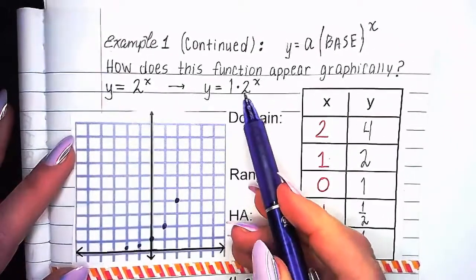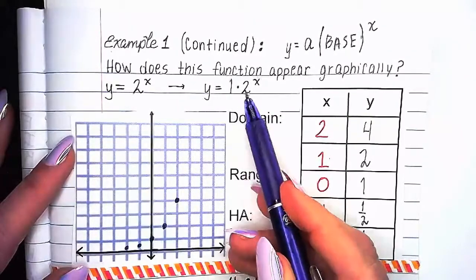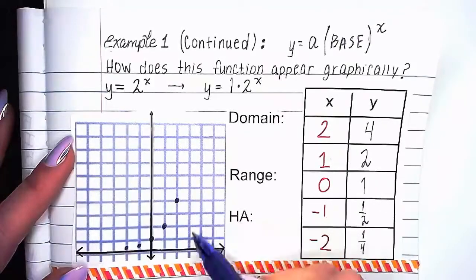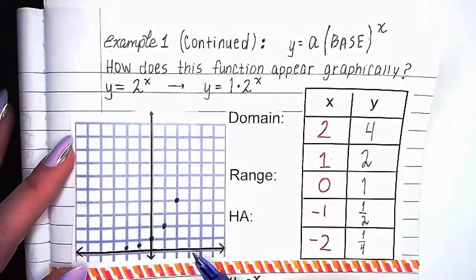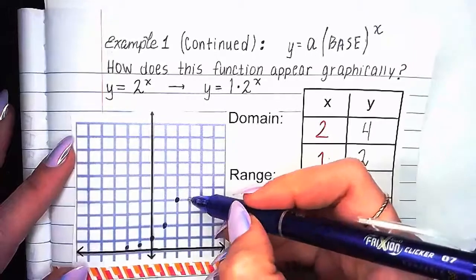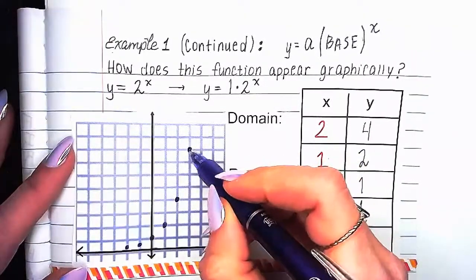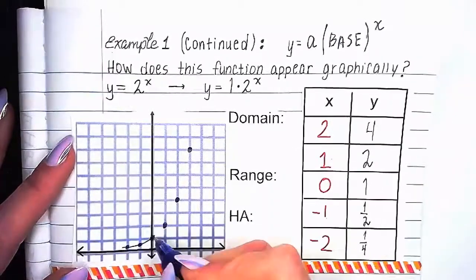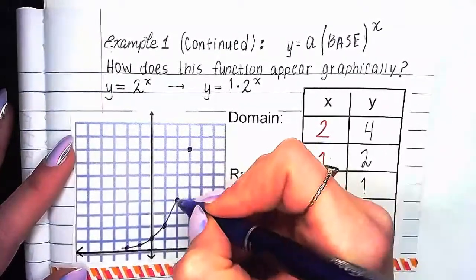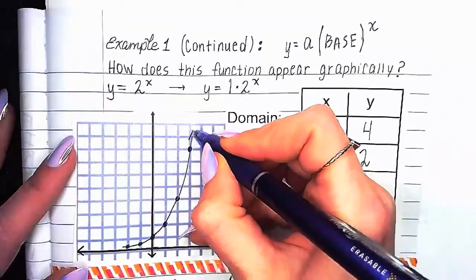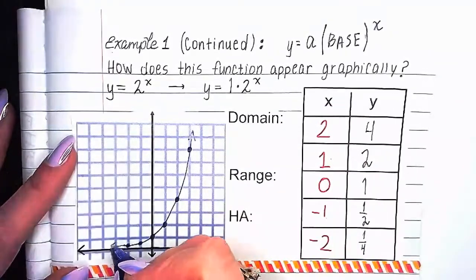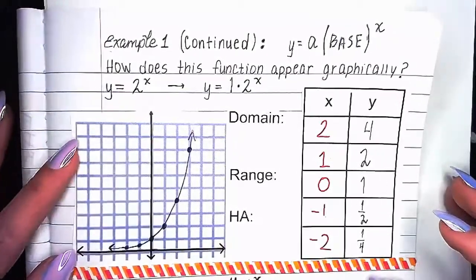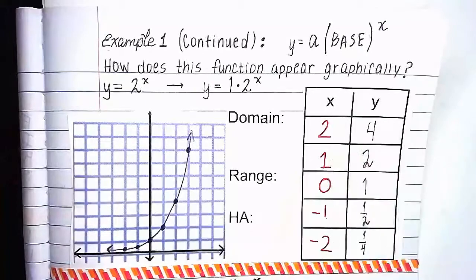The 2 is telling me I double how far I am every step of the way. 2 units away, 4 units away. How many units away will I be in the next step? I'll be 8 units away. Next I'd be 16, 32, and so on. We connect these dots because this is representing a function where it's an infinite number of x's and y's paired off to create a graph.